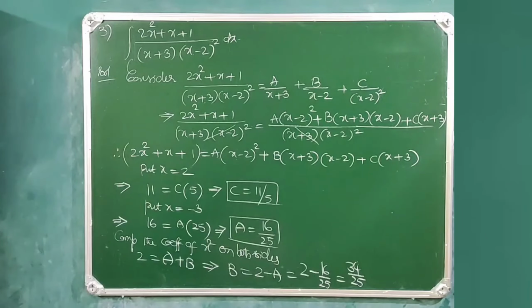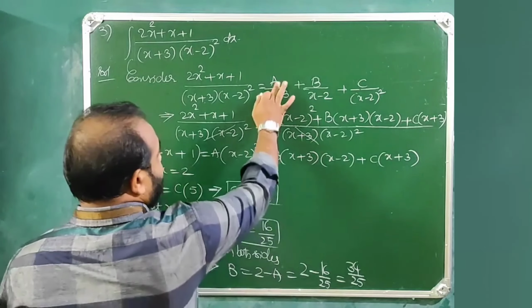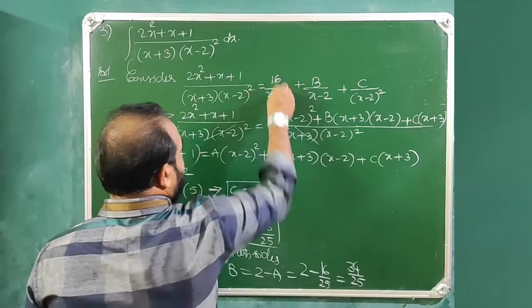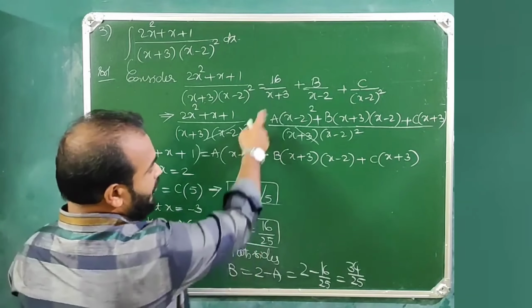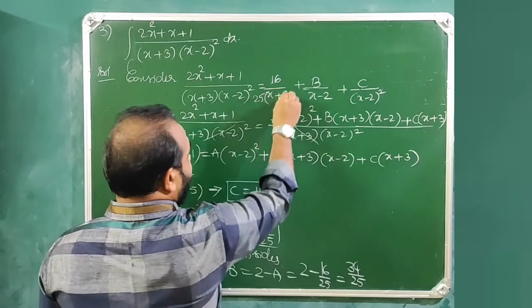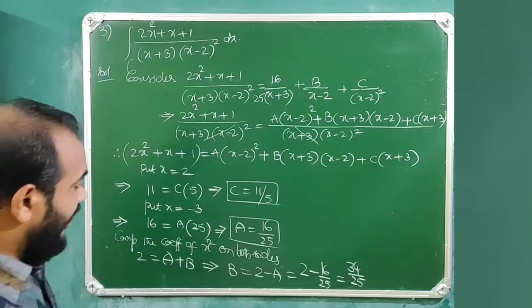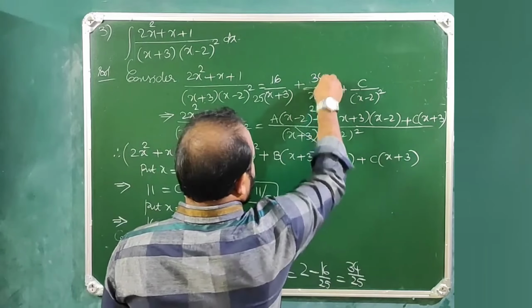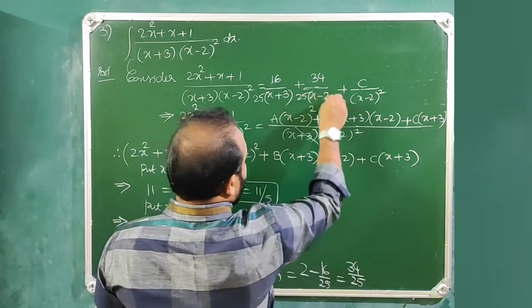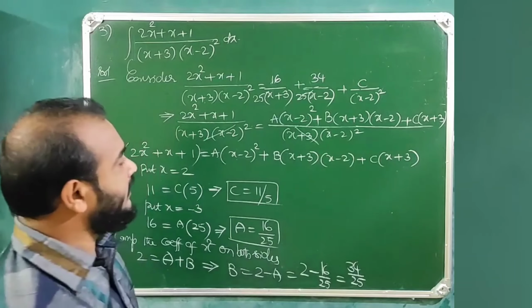Let us substitute. A equals 16 by 25, so 16 by 25 into x plus 3. The value of B is 34 by 25, that is 34 by 25 into x minus 2.